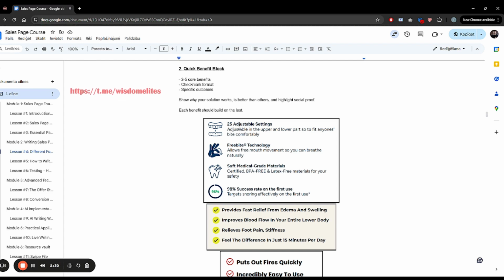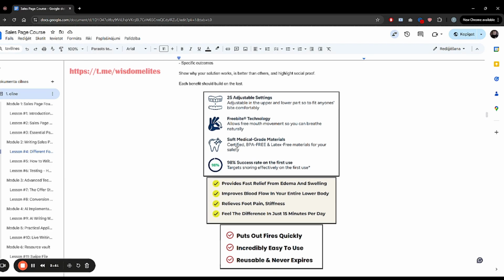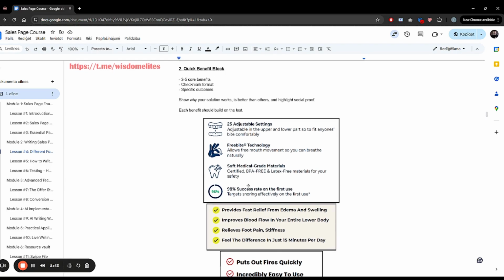So, 25 adjustable settings. 25 seems like a lot, so it must fit them. Then it says free-breathe technology allows free mouth movement so you can breathe naturally, soft medical grade material. For this one, it mostly handles objections, since they might think it might be too harsh on the teeth, uncomfortable, might not fit, or might not work.